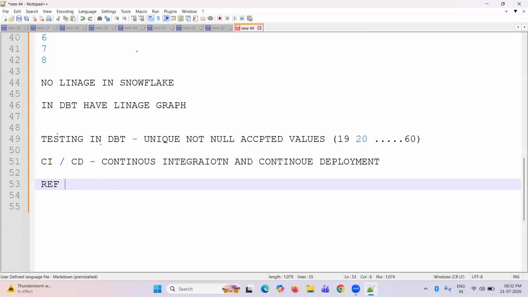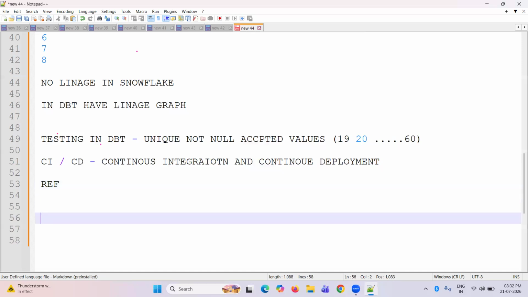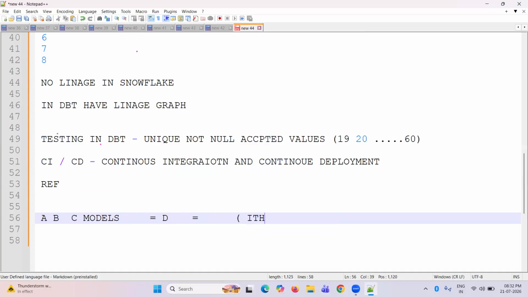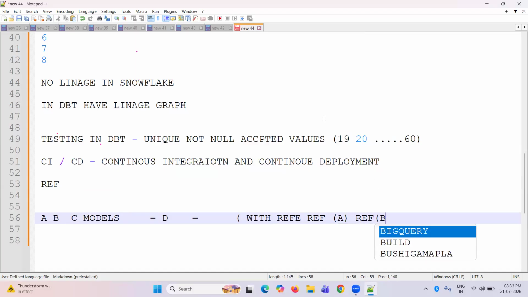Suppose I have A, B, and C models. Now I want to write a D model. I'm going to write the D model with a ref of A, a ref of B, and a ref of C.